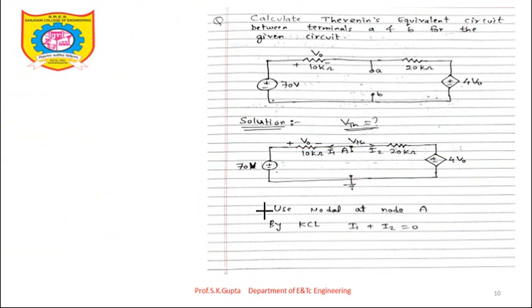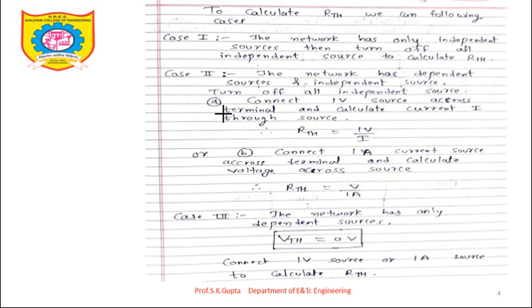For determining the value of RTH, there are dependent source and independent source. So whenever dependent source and independent sources are present, we have to use case number 2.